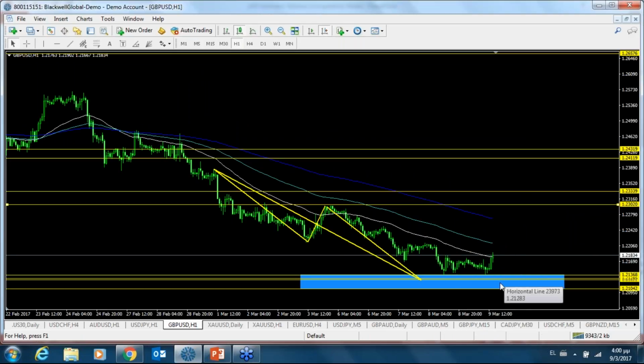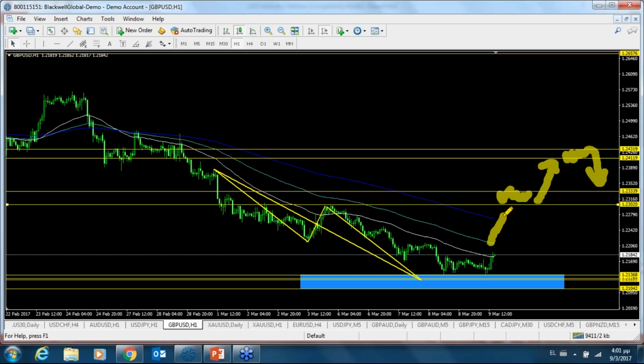So now if prices do go through and through, let's say, it may find resistance at either one of these lines. But if it does go through it, then it might look at this major area as resistance. If it does go up again, then it finds this area as resistance that pushes prices downwards like that. Okay, so up, resistance, down a bit, and then up again, resistance, down a bit.